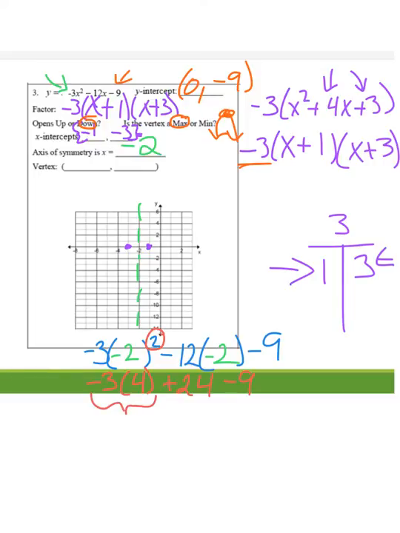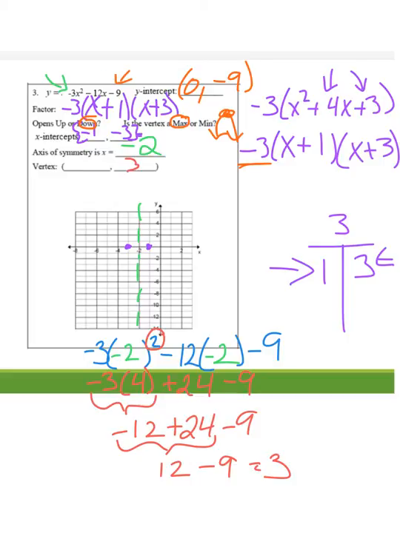Let's do this math right here. That'll give me -12 plus 24 minus 9. This right here is going to give me 12 minus 9, which is 3. So my y value is 3. My x value is -2. Let's plot that. So -2, +3.